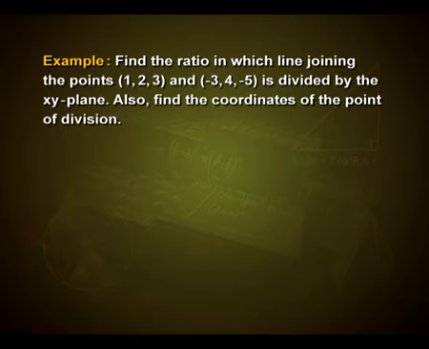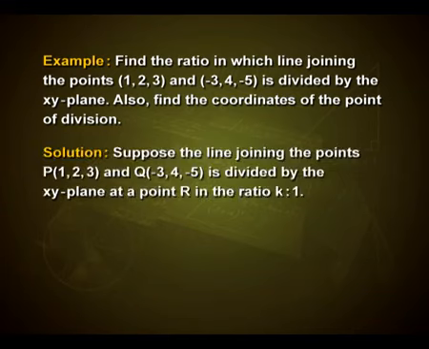Now, let us look into one more example. Find the ratio in which line joining the points (1, 2, 3) and (-3, 4, -5) is divided by the xy plane. Also, find the coordinates of the point of division. Look into the solution.